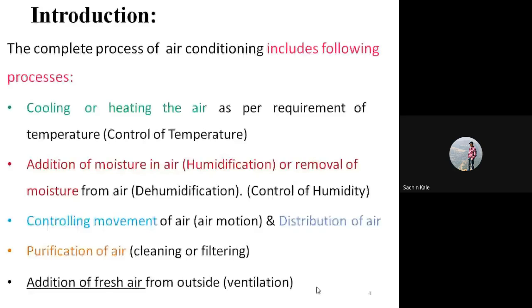Now, what exactly is meant by an air conditioning system? We know the definition of air conditioning: obtaining or maintaining desirable internal atmospheric condition irrespective of external condition.